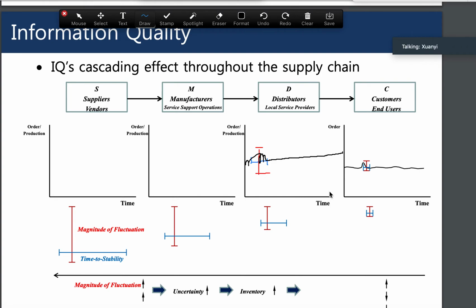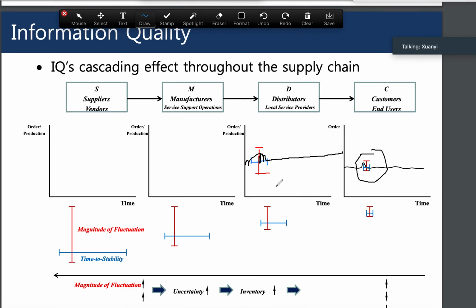Why is this happening? This is happening because we are having more fluctuations in the market. So while we know the customer order tends to fluctuate, we want to stock more, and there's more uncertainty.